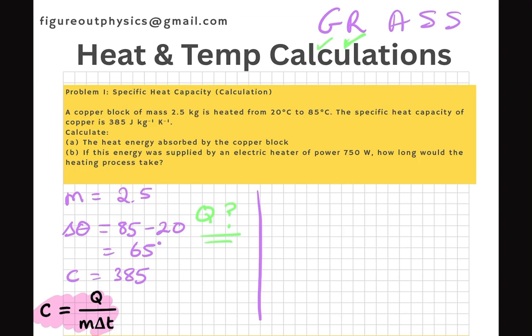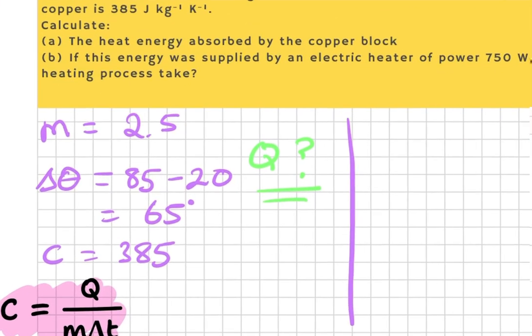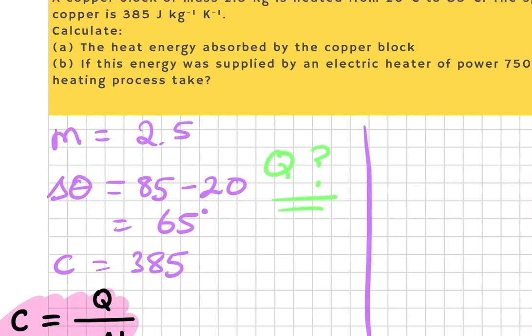The heat energy absorbed, that is Q. Let's rearrange. Q is equal to m c delta T, change in temperature. We can use this symbol as well for change in temperature.